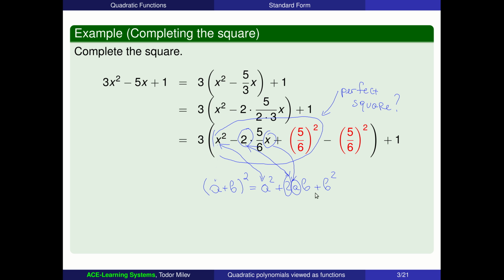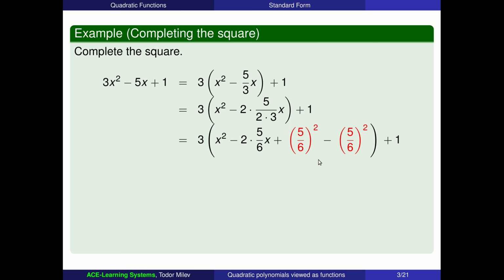And what would b then be? Well, this number 5/6 would have to be b, so as to make the expression that we see here match the pattern a plus b squared equals a squared plus 2 times ab plus b squared. Well, if b is 5/6, then b squared naturally becomes 5/6 squared.